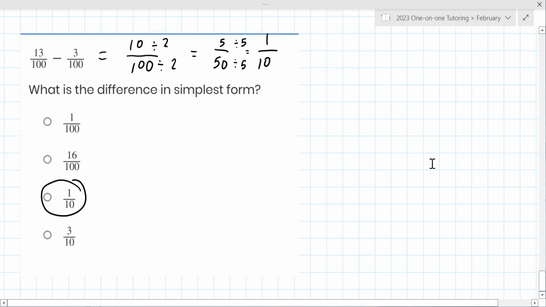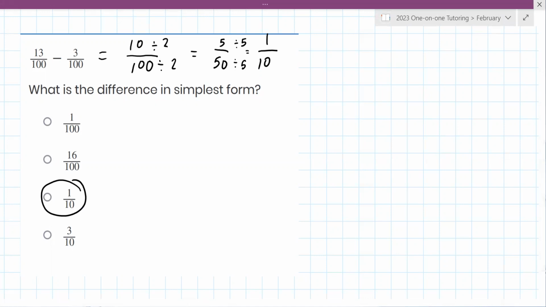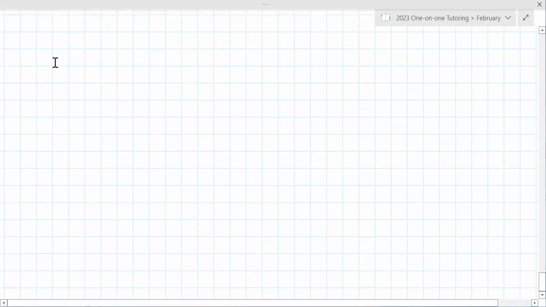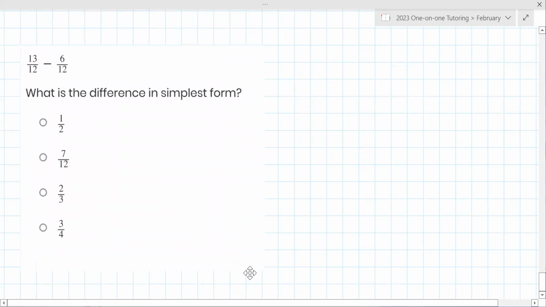Okay, so here's another one for you to look at. I want you to try this one on your own. Okay.